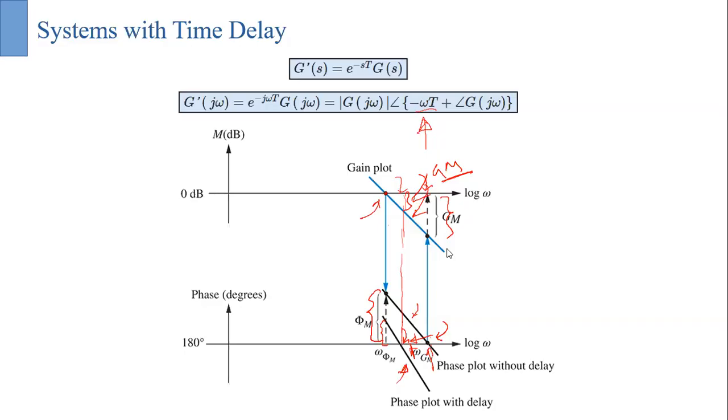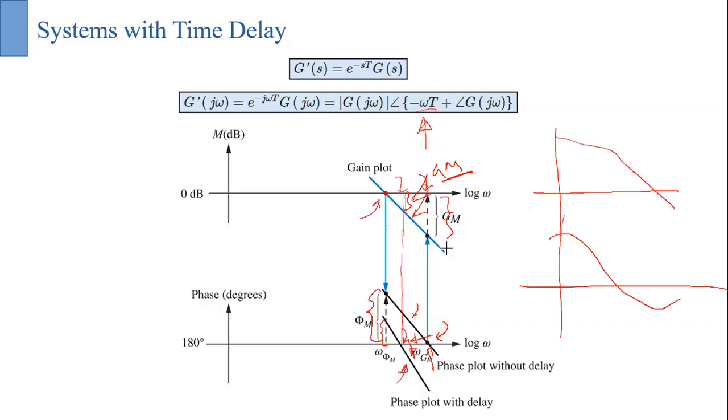Okay, so what I explained in the last class was how to find out the stability of the system from the phase margin. If you have a plot like this, and this is happening at 180 degrees, this is your crossing.